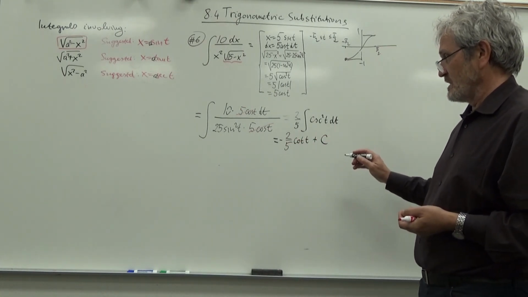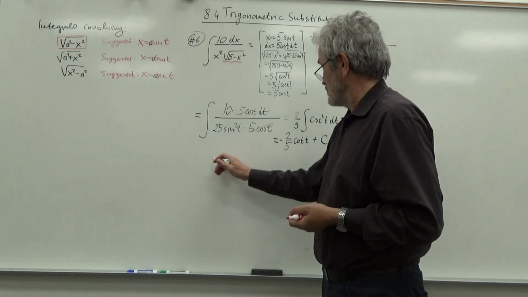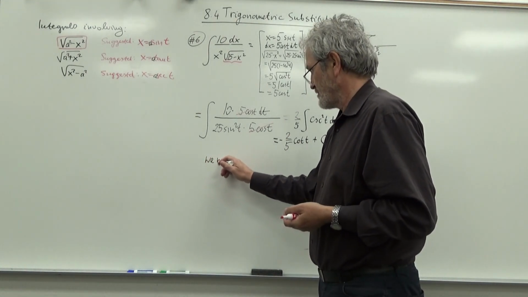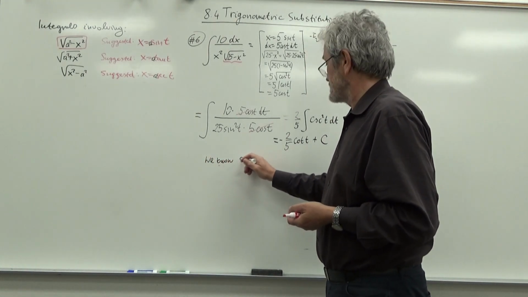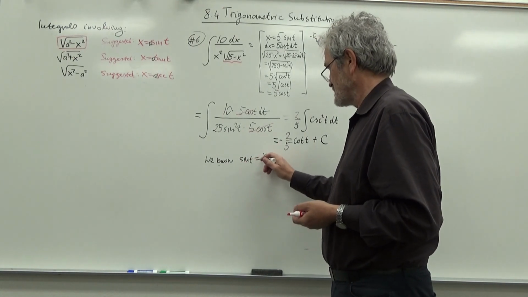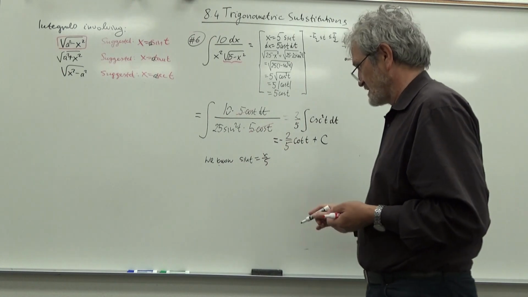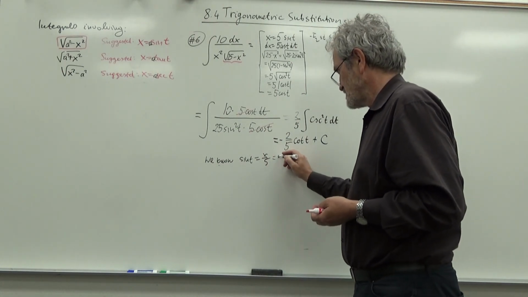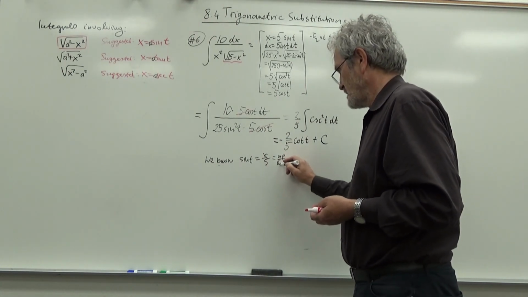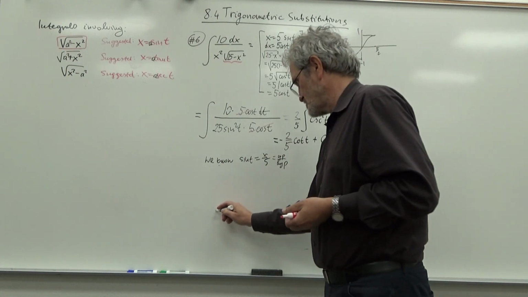So switch back to x, and here's what we'll do. We know that sine t is x over 5 from here. Sine t is x over 5, which is opposite over hypotenuse, like we did in the introduction.